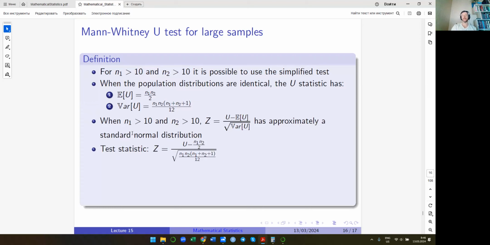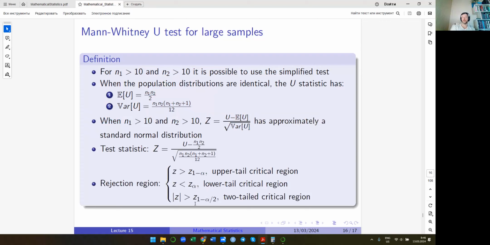And basically, this is the test statistic now. I just plug the expected value of U here and the variance of U here. I have my Z statistic here. And the rejection region is constructed in the same way as for the usual Z-test.